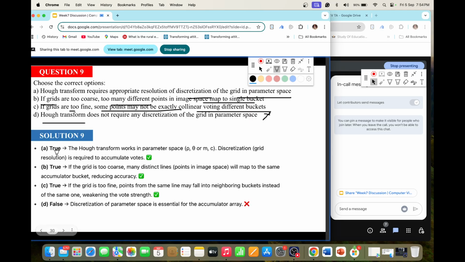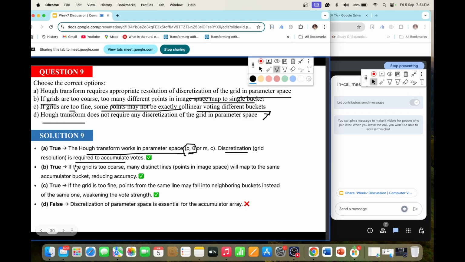Let's analyze the options one by one. The Hough transform works in parameter space rho and theta, similar to m and c, but in the Hough transform we use the parameters rho and theta. So discretization or grid resolution is required to accumulate votes.